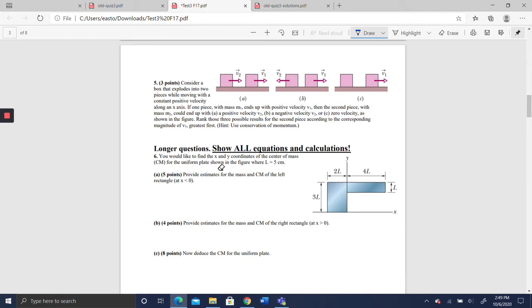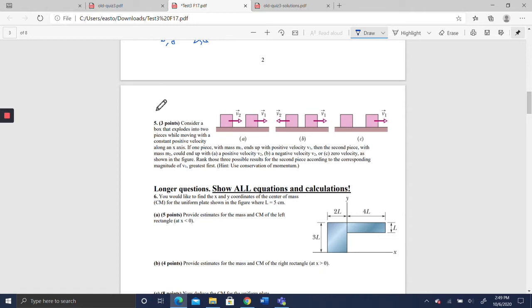And now let's move on to the last, number 5, which was also covered in your homework. Pretty much the idea here that they're trying to cover is that your initial mass times velocity is equal to your resultant m1v1 plus m2v2.